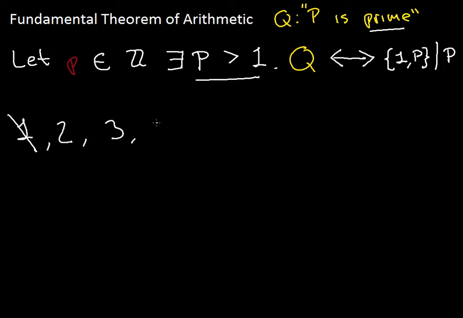And then 4, you can divide 4 by 2. So the next prime number is 5. You can't divide 5 by any of these. 6 can be divided by 3 and 2, so 6 is not a prime number. 7 can't be made up of a product of any of the previous. That makes it prime.